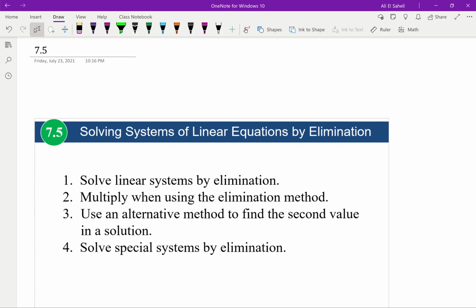The method we learned in 7.4 by substitution is an excellent method, except when you have to solve higher order systems. For instance, if you want to solve 4 equations in 4 unknowns, it becomes very cumbersome.